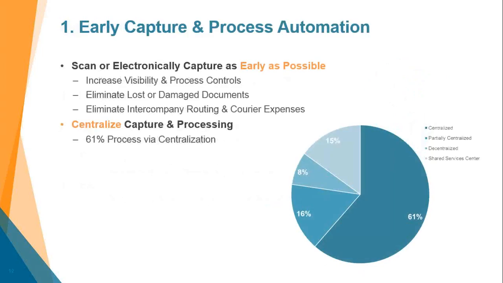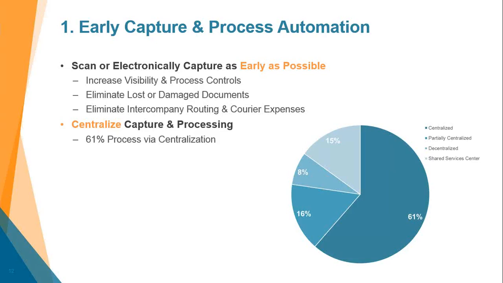So, Matt? Well, thanks, Ed, for the transition. I'm going to talk to you first about the early capture and the integration pieces from the best practices slide that Ed just showed. From an early capture standpoint, just as we discussed in the previous slide on the 4 stages of AP automation, early capture and ultimately process automation is key to reducing costs within the organization and managing this unstructured content.